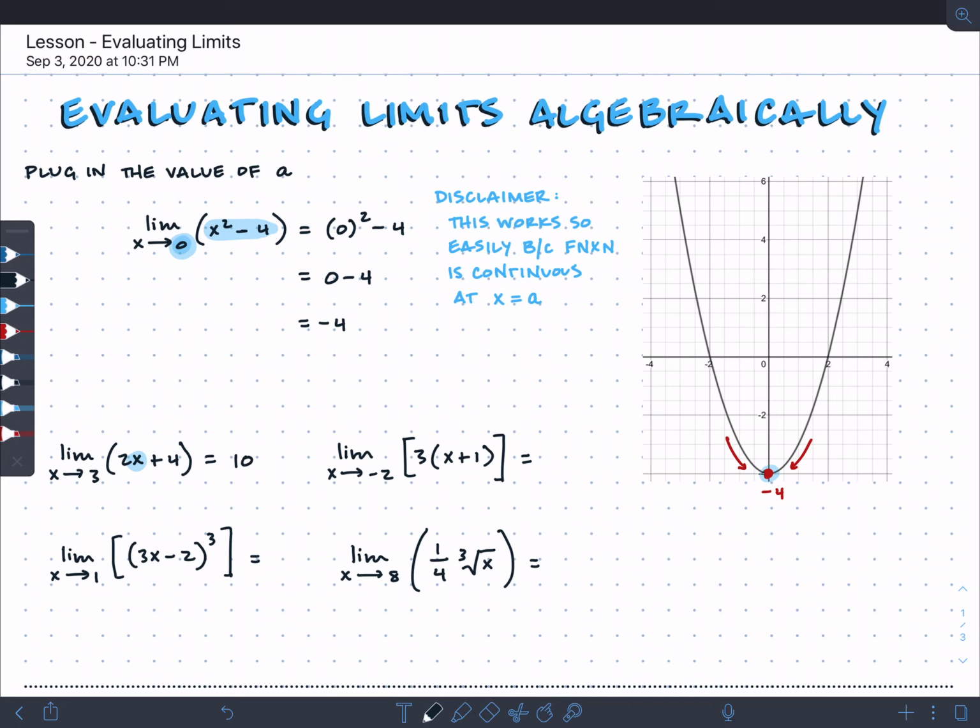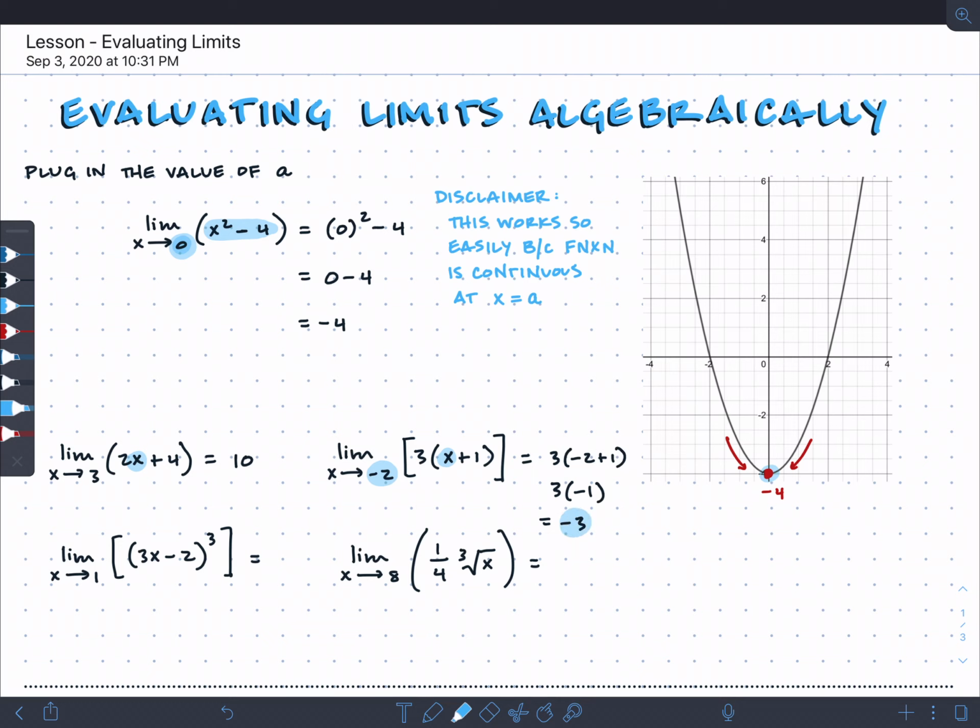All right, now that you've paused and unpaused and given those a shot, we'll look at our examples here. So the limit as x approaches -2 over there. So this is a continuous function, so I can just plug in -2, and we have 3 times -2 plus 1. -2 plus 1 is -1, so we get -3 as our limit.